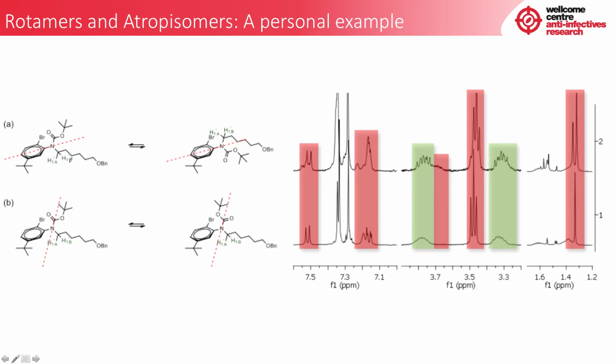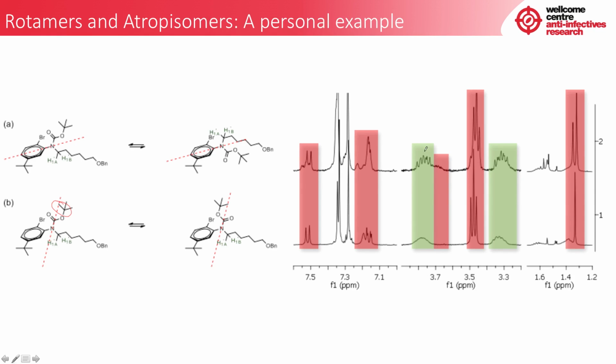And there is also a plane of rotation through this nitrogen in the other direction, so through the Boc group, and that is the t-butyl group spinning around here. So you can see the two inequivalent diastereotopic protons.